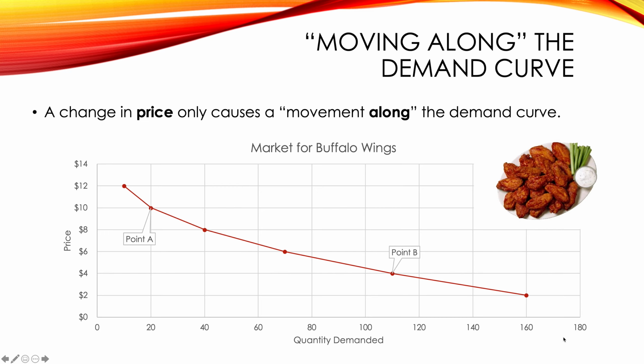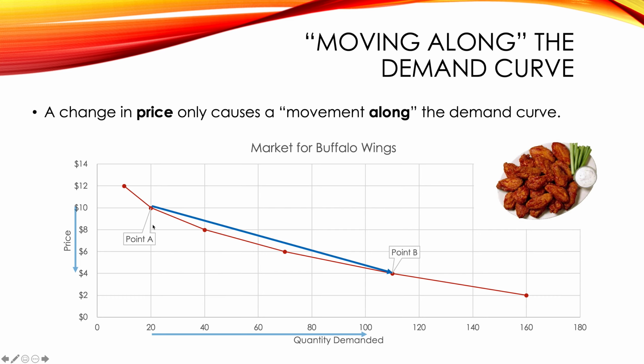So, for instance, imagine that we had a change in the price of the good. This is the market for buffalo wings. So, there's a change in the price of buffalo wings. Let's say it's a decrease in the price of buffalo wings from $10 down to $4. So, a decrease in the price from this point down to here means the quantity demanded is going to increase, because it's always an inverse relationship with demand, from 20 up to 100, right?